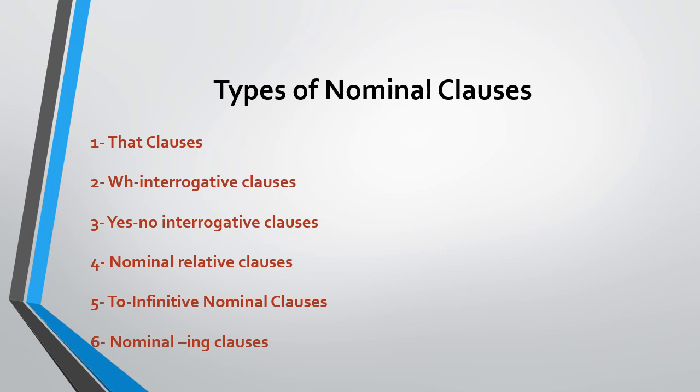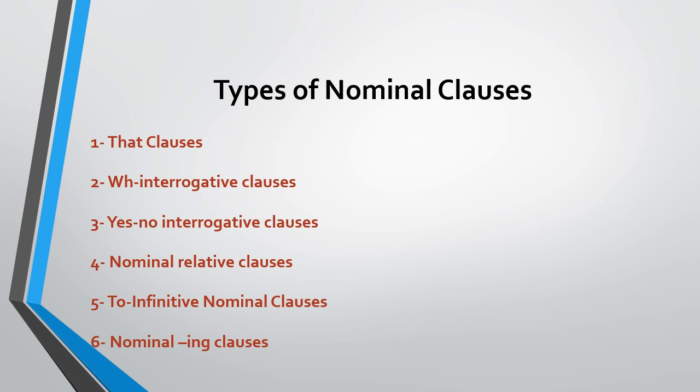They are here restricted to 6 types: that clauses, WH interrogative clauses, yes no interrogative clauses, nominal relative clauses, to-infinitive nominal clauses, and nominal ing clauses. These 6 types are all nominal clauses.